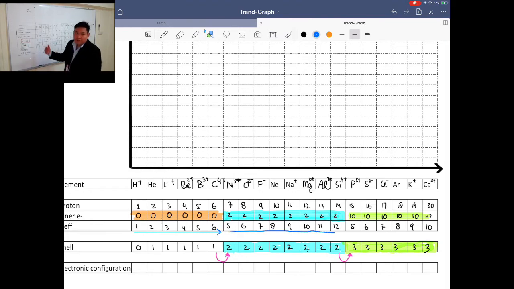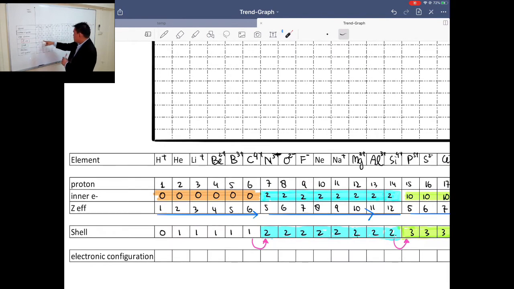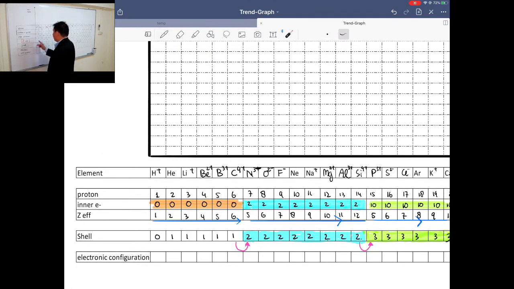How about the effective nuclear charge? This will also affect the ionic radius. The higher the effective nuclear charge, the more strongly attracted the electrons are to the nucleus. So the higher the effective nuclear charge, it tends to be smaller in size. So from, we are going to skip H plus.